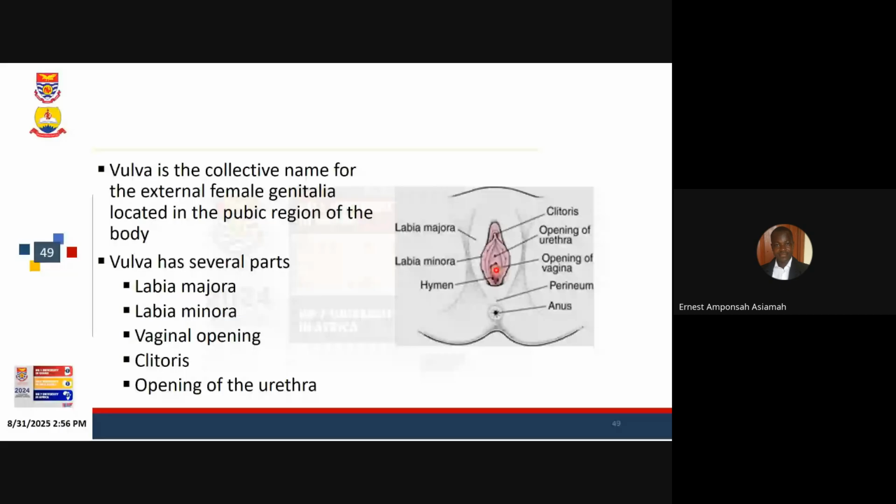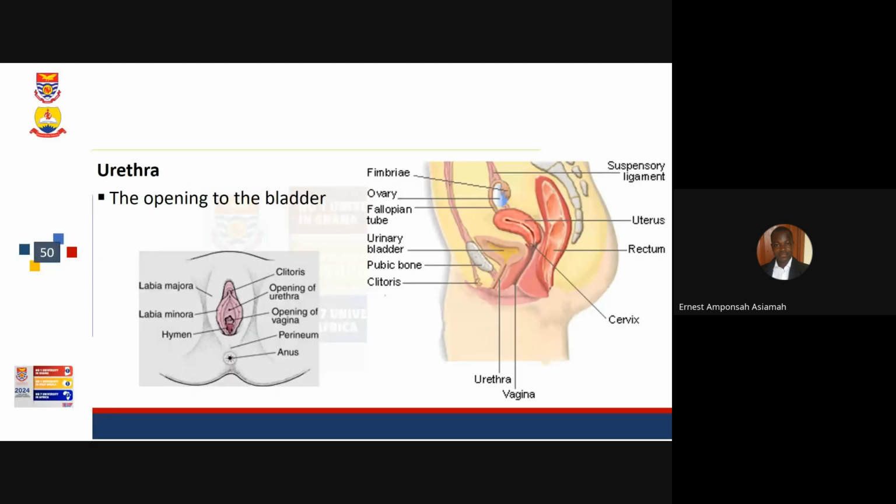The two labia minora, superiorly or anteriorly, terminate on the erectile tissue, which is very sensitive, the clitoris. So the clitoris lies superior, above, and the anus lies below, but the labia minora terminate on the clitoris.